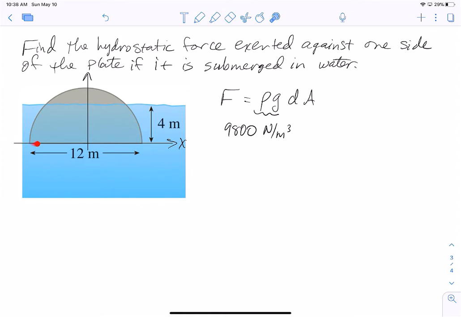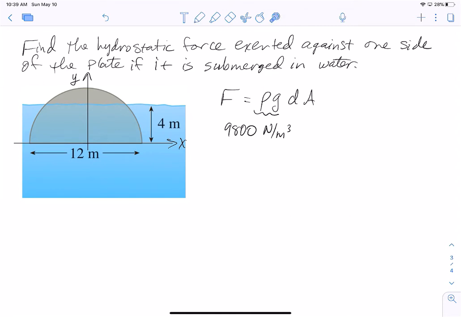As it happens, that means that the x-axis coincides with the bottom edge of this semicircle, but that's a coincidence. In other cases, I'll often put the x-axis intentionally at the bottom of a horizontal plate. But here, I'm really looking at putting the center of the circle at the origin.